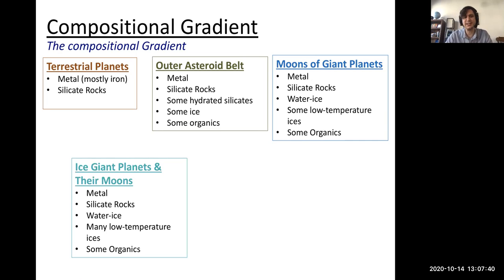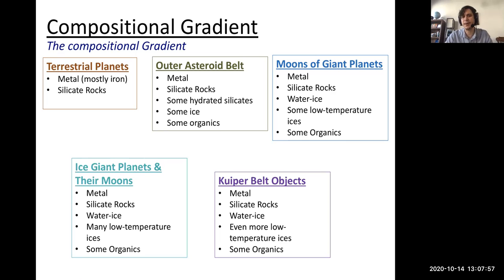By the time we get to the ice giant planets and their moons, we have metal, silicate rocks, water ice, a lot more low temperature ices. So we're adding to the list of low temperature ices, and we still have some organics. And then by the time we get to the Kuiper Belt, we have metal, we've got silicate rocks, we've got water ice, we've got even more low temperature ices, and we've got even more organics.